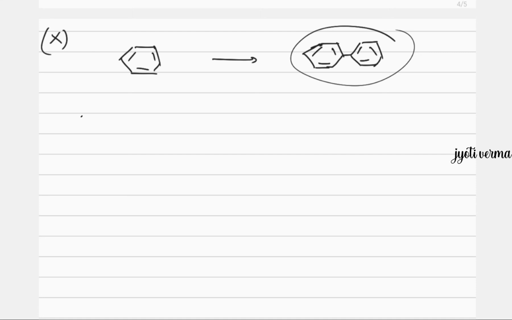So first we have to convert this to aryl halide by substitution, right? So we can do its reaction with chlorine in presence of anhydrous AlCl3. We need to do it in presence of anhydrous AlCl3. So we can do this reaction.